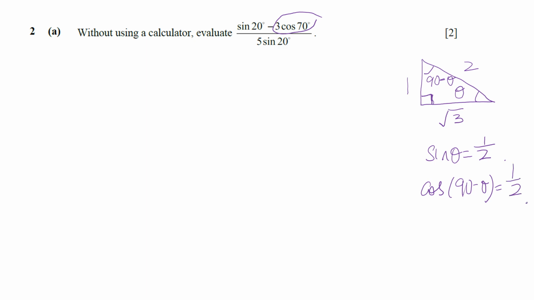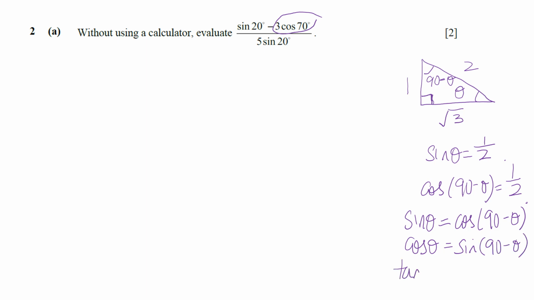So in other words, the value of sine theta is the same as what you get by finding cosine bracket 90 minus theta. Likewise, the value you get for cosine theta will be the same as the value you get when you find sine bracket 90 minus theta. And for tangent theta, the answer you get will be 1 over tangent bracket 90 minus theta.